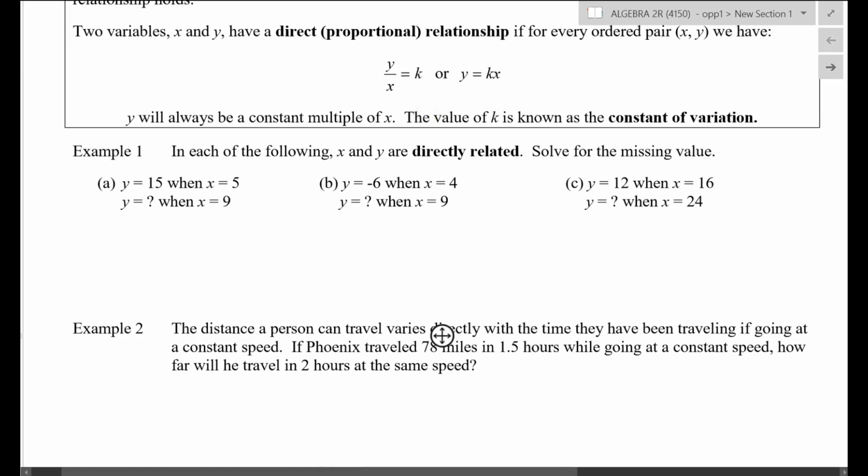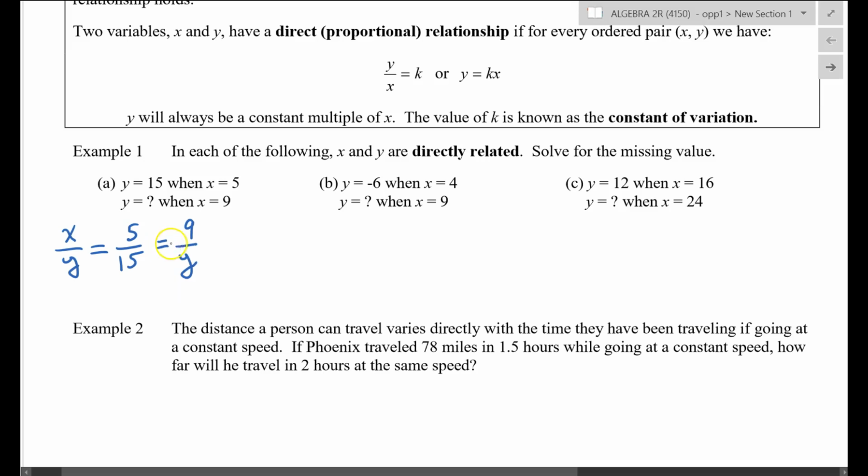And one of the ways that we can do that is by actually creating a proportion. So if I want to compare x to y, well, then we're doing 5 to 15, and we're doing 9 to some value of y that we don't know, right? Well, how do we solve proportions?